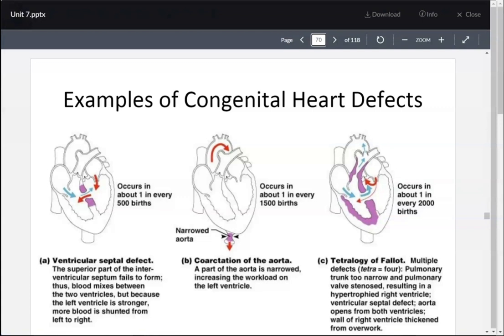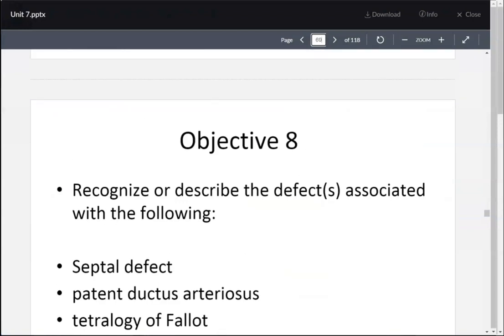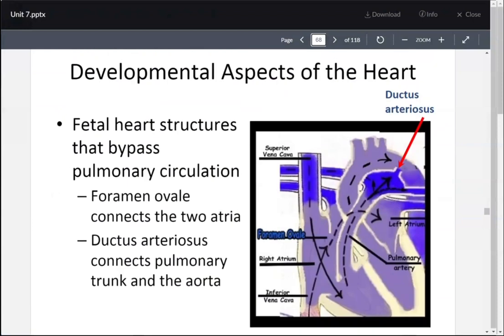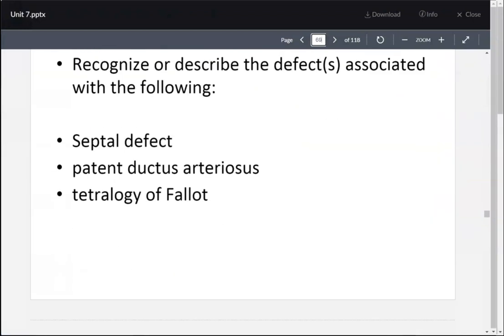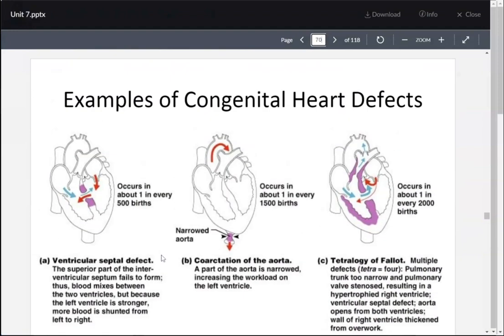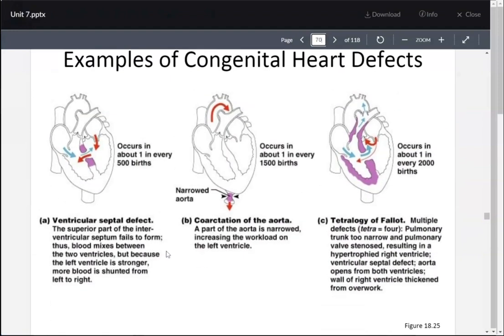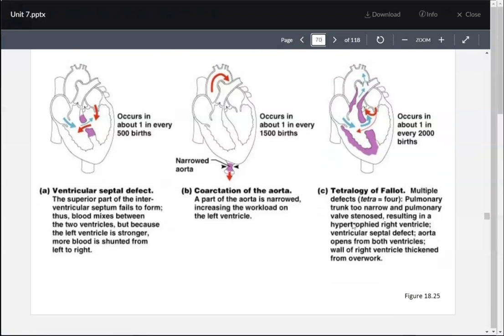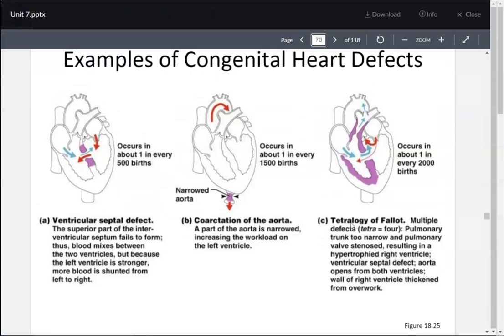The aorta is actually going to open from both ventricles. That ductus arteriosus, this right here, did not close. That is still open. So we're going to get blood going into the aorta from both ventricles, and the right ventricle is going to be over thickened. A couple of other things that typically fall under this category of birth defects, which is about 1 in every 2,000.